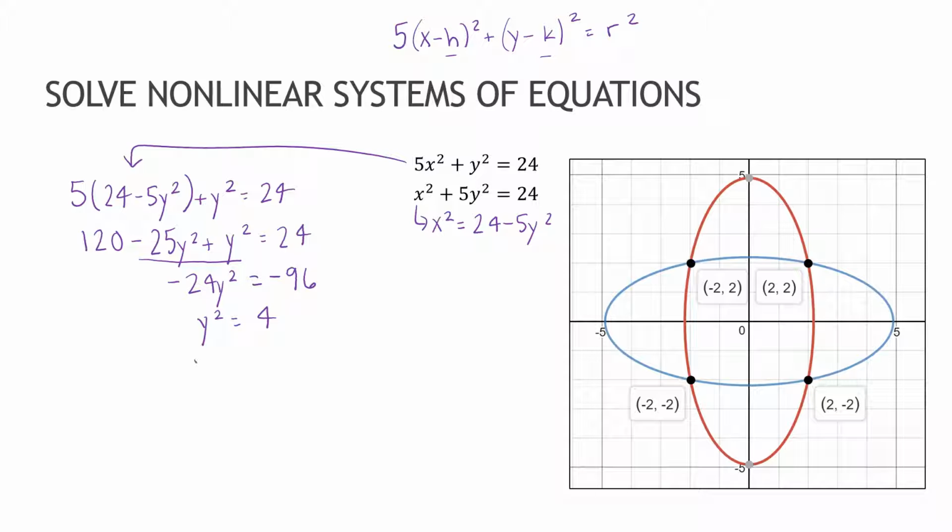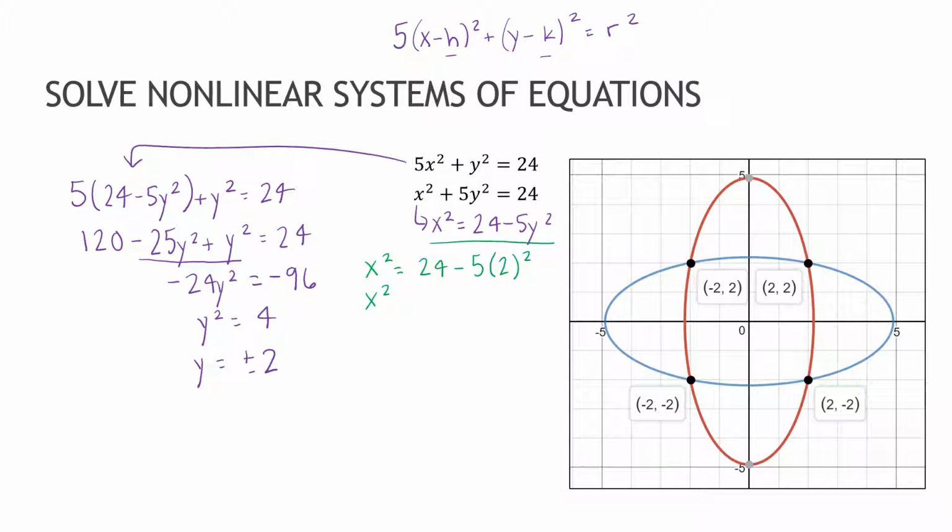Take the square root of each side to get y equals plus or minus 2. So y equals plus or minus 2 gives me my y solutions. Now I need to work to find my x solutions. So I'm going to choose, just because I already have it nice and isolated, that x squared is equal to 24 minus 5 times 2 squared, and continue to solve this one.